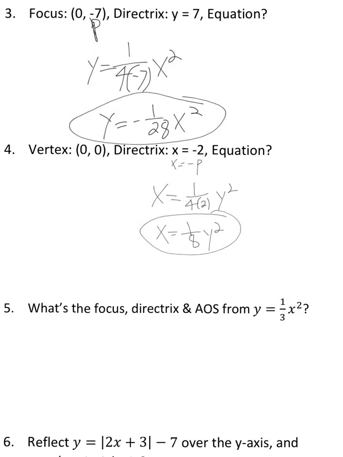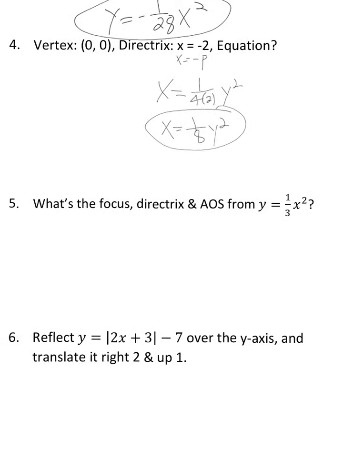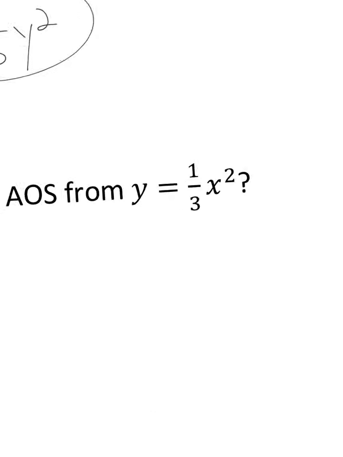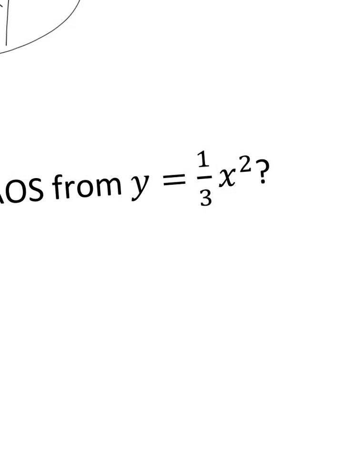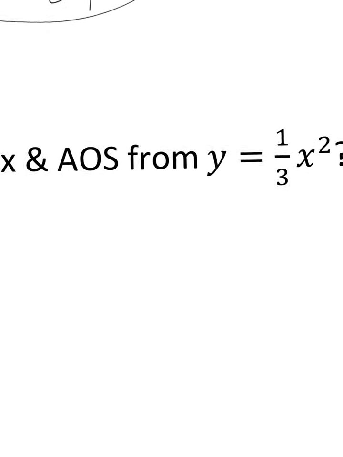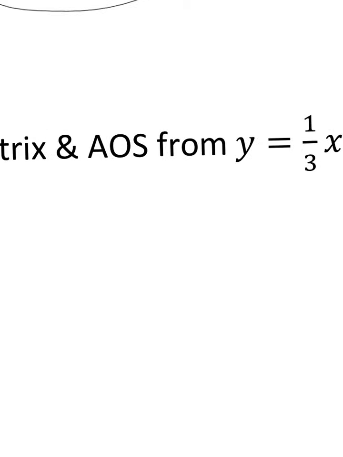What's the focus, directrix, and axis of symmetry from this? Remember, you have to get it in x equals form. So first thing I'm going to do is rewrite it y equals 1 over 3 x squared. And I need an x equals form, so I'm going to times both sides by 3.